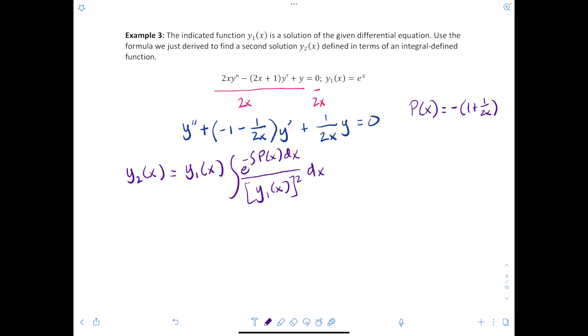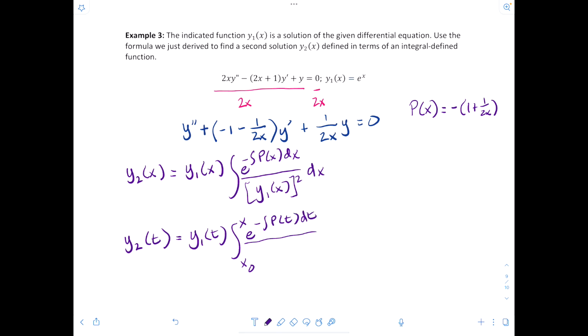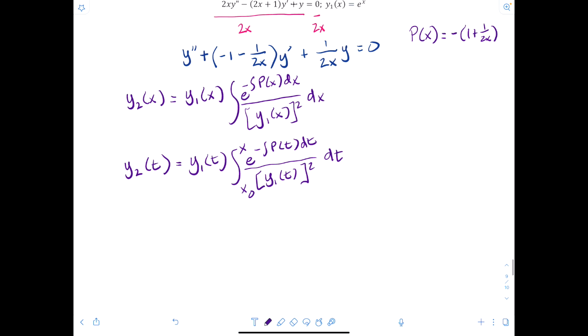So let's start with that. We're going to have y2 at t equal to y1 at t times the integral from x0 to x of e to the negative integral p at t dt over y1 at t, the quantity squared, all with respect to t.